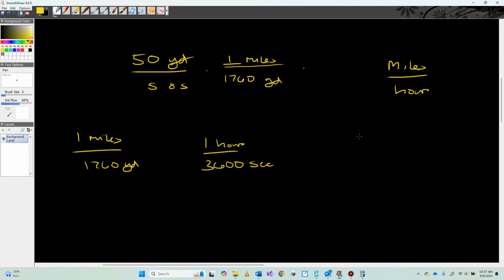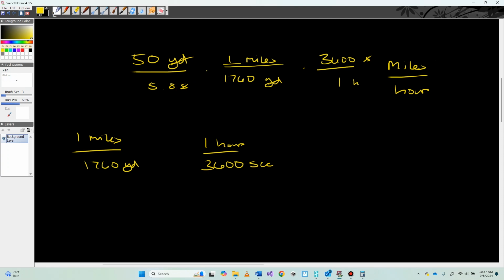So now I need to flip the script just a little bit, because I need my conversion of hours to be in the numerator this time. So I need to rewrite this conversion factor as 3,600 over 1, because seconds is found in the denominator. So these seconds cancel, and I am left with miles per hour.